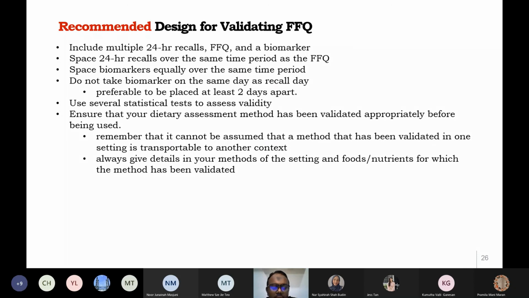What test is suitable to test validity? Let's start with the most simple test. You have 2 types of method, but you measure on the same person twice. So what type of test is that?